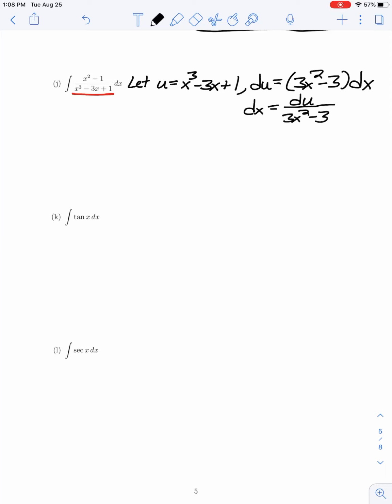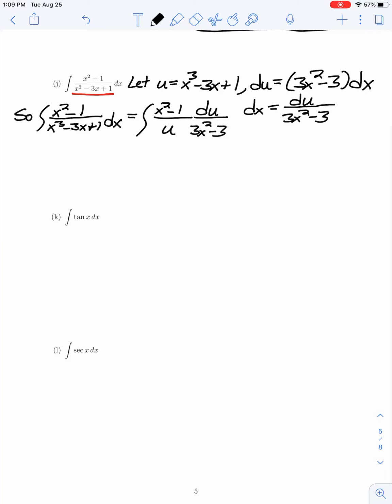All right, so let's take a look at what this gives us. Our original integral, which was x squared minus 1 over x cubed minus 3x plus 1 dx, we can rewrite as the integral of x squared minus 1 over u, and then dx we found was du over 3x squared minus 3.